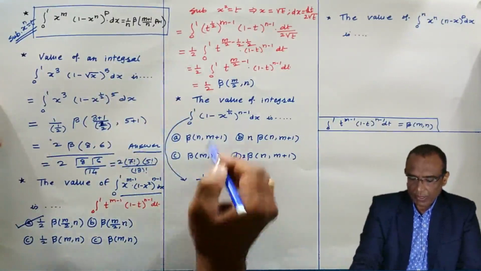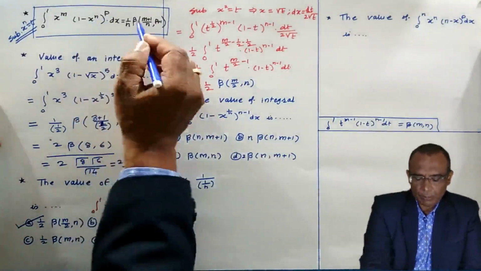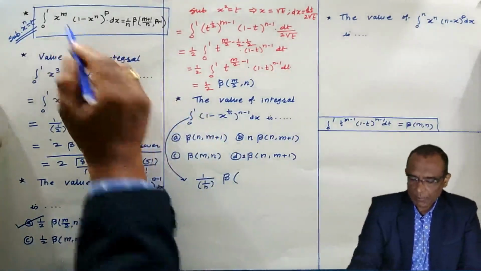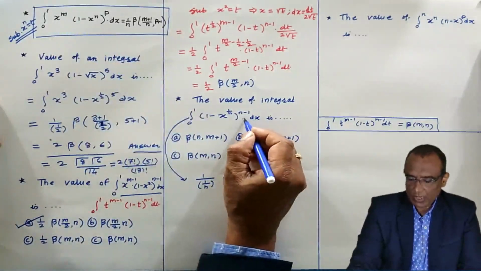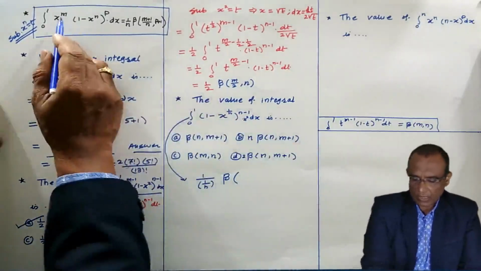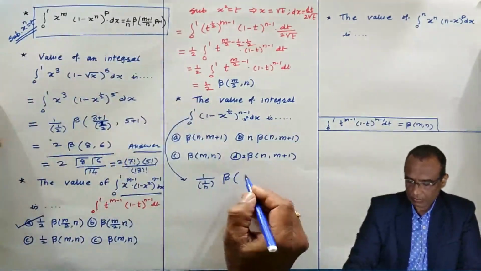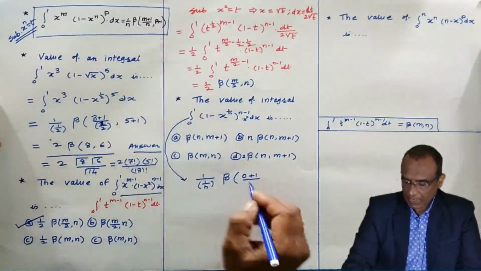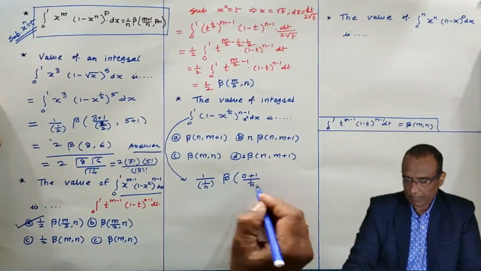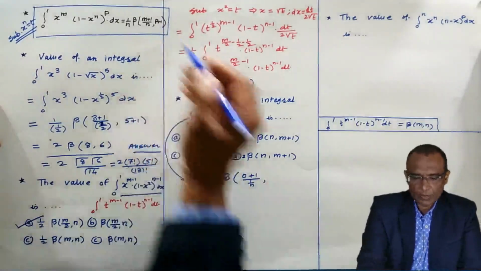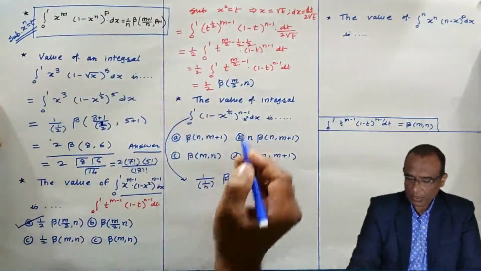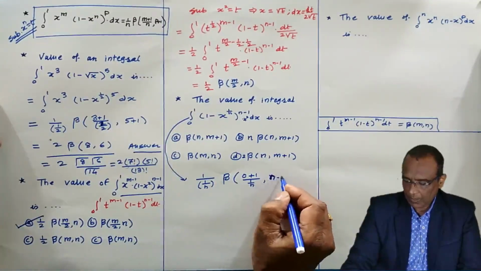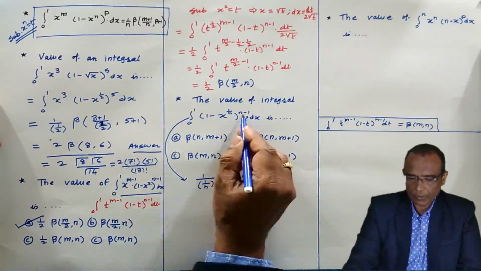1 by n, 1 by power of this beta. The x to the power m term is not there, means x to the power 0 is there in short. m is not there, m is 0. Plus 1 by n, n is 1 by n. p plus 1, p is this one, n minus 1, plus 1.